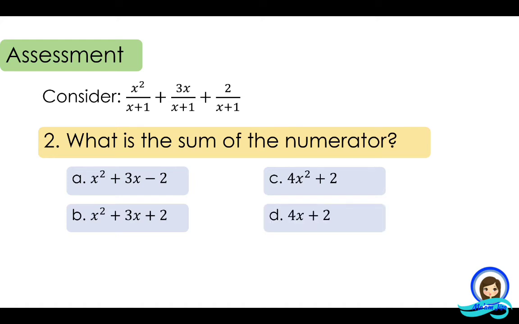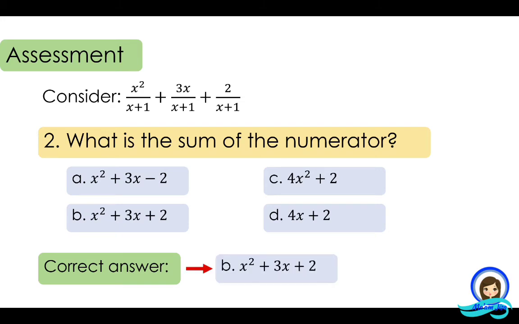What about letter D? Can you give me your answers? Alright, and the correct answer is, of course, letter B. X squared plus 3x plus 2 is the sum of the terms in the numerator. Congratulations for those who get the correct answer.